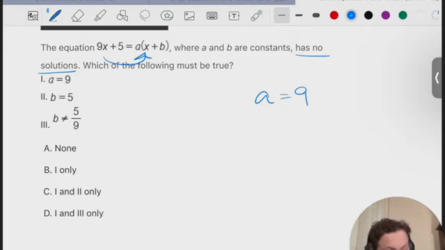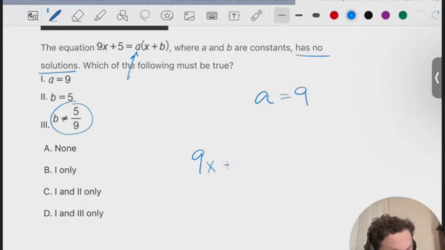You might think, wait a second, that would give an infinite number of solutions. But don't forget that 5 is getting multiplied by A. So that's not going to be a problem. The only problem of switching these no solutions to infinite number of solutions is if these two things were equal to each other. So I have a feeling that that's going to be an issue.